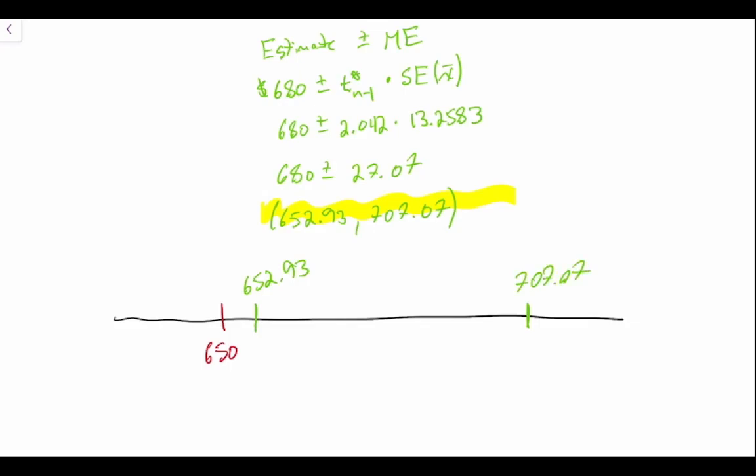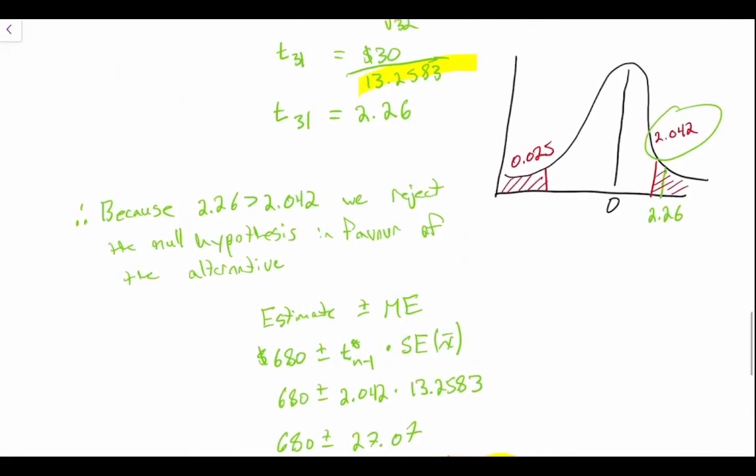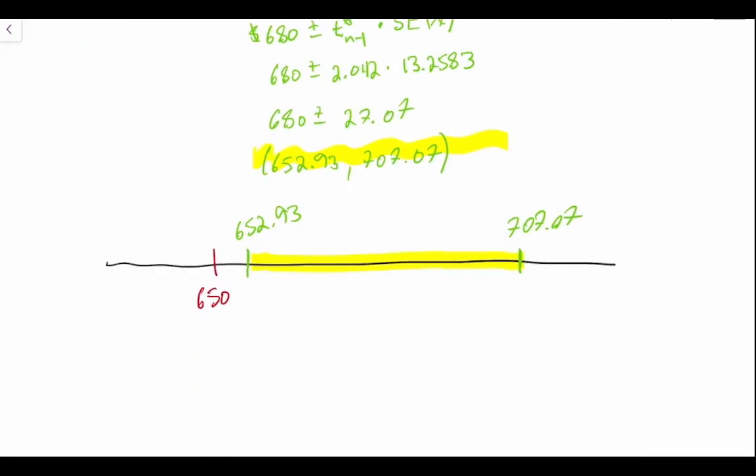So it's going to be somewhere in this yellow shaded region. So because 650 is not included in our 95% confidence interval, this confirms our conclusion that we did by doing the t-test. Simply because 650 is not included in our 95% confidence interval, we still would reject the null hypothesis in favor of the alternative.